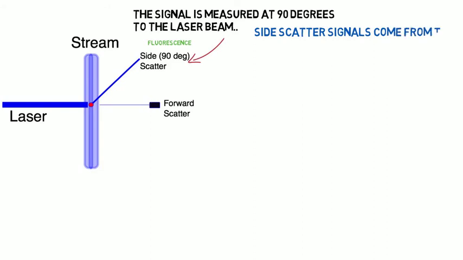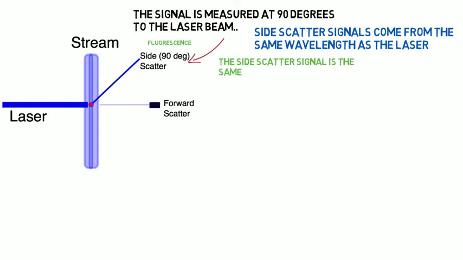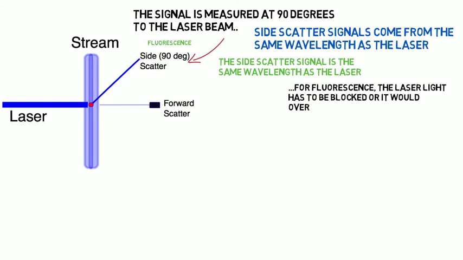The difference between this scatter and the fluorescence is that the side scatter signal is the same wavelength as the laser beam, and that is why you have to block this light after the side scatter detector. If you don't, you'd overload the fluorescence detectors with a ton of laser light.